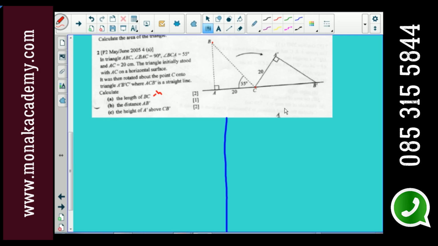So are we going to use SOH, CAH or TOA? We have the hypotenuse and the adjacent. Yes, CAH. We're going to use that. We can't use TOA because TOA doesn't have hypotenuse, does it?